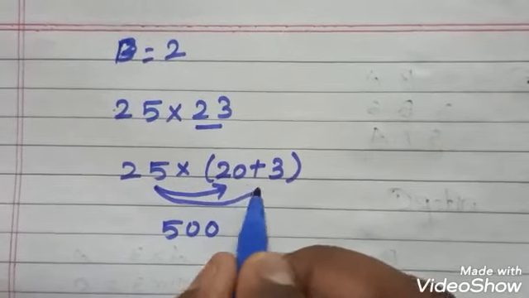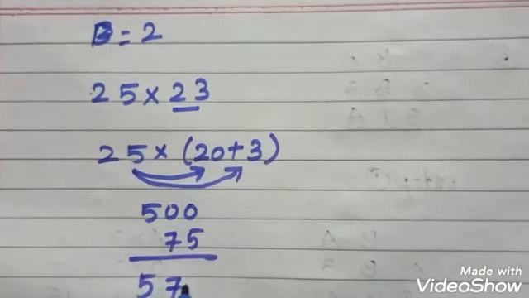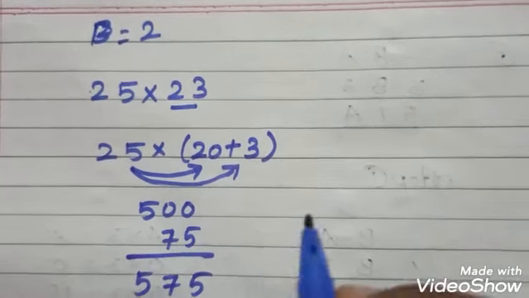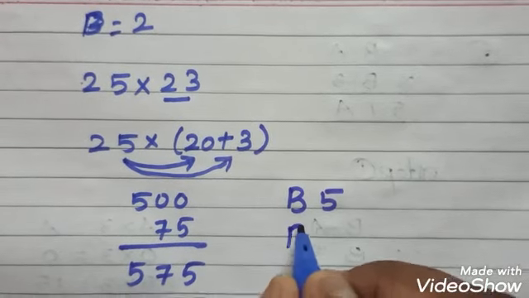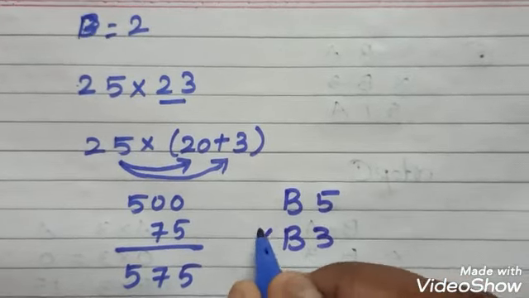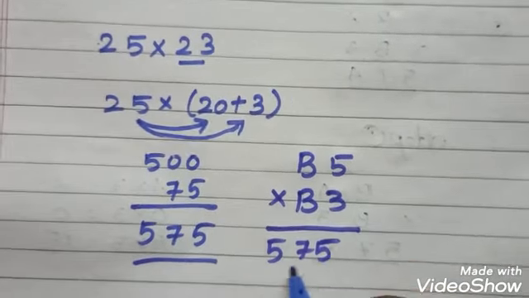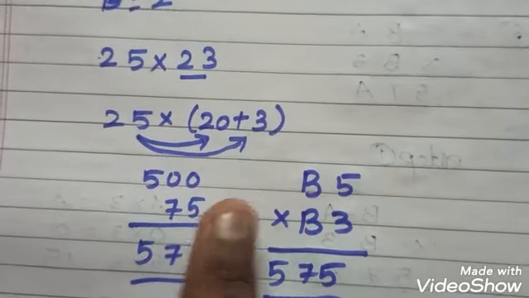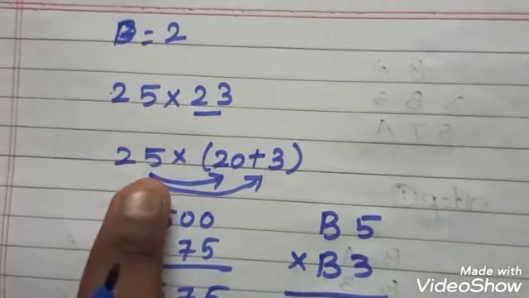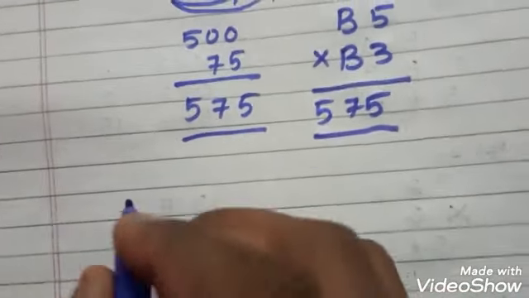So 25 into 3, it is 75. So it becomes 575. So clearly you know that B5 and B3 have to be multiplied, so 575 is the answer. Here instead of B we have to take 2. You get the same answer 575.